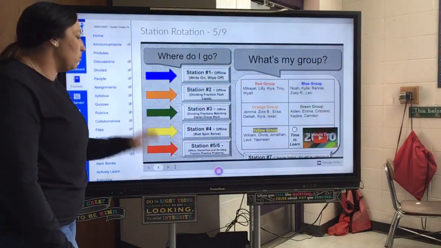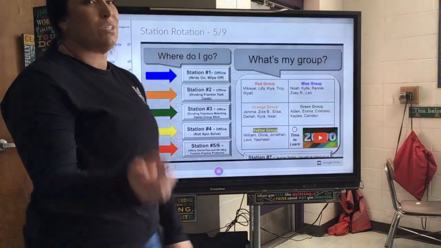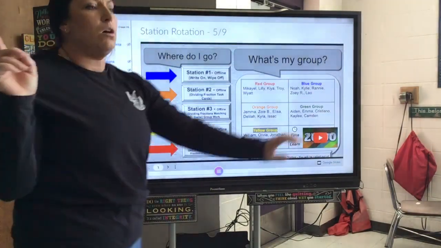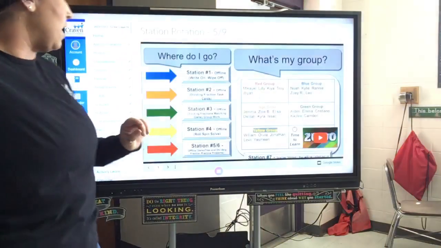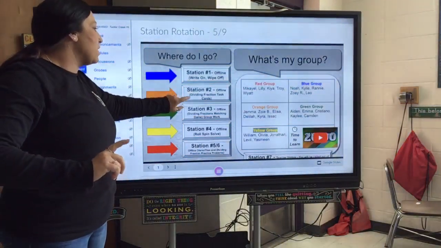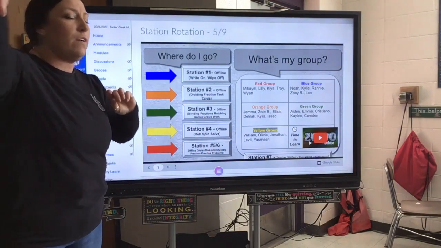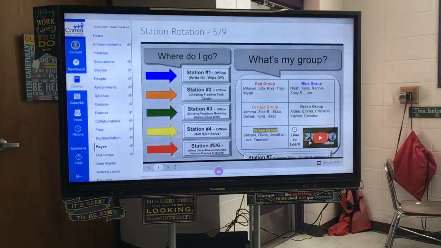So my red group, which is the versatile group, you are going to be on, hang on to that one. Dividing fraction task cards, which I believe is Cristiano's group. So there's a dividing task cards at that group, and there's a dividing task cards at this group.